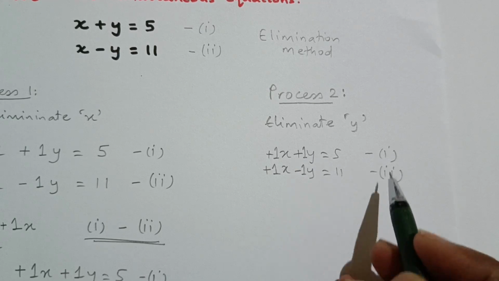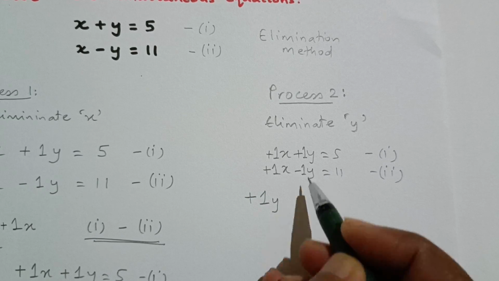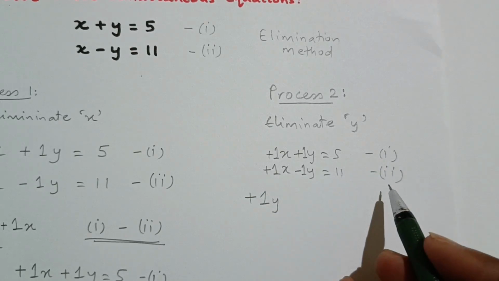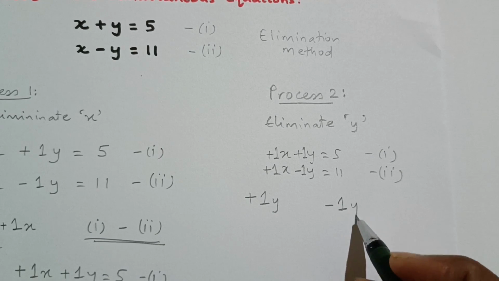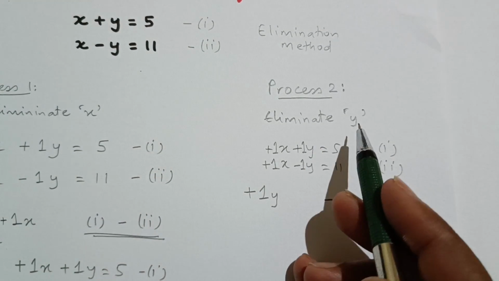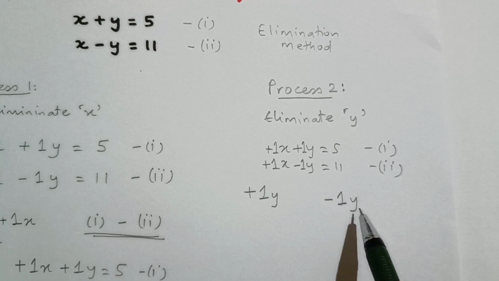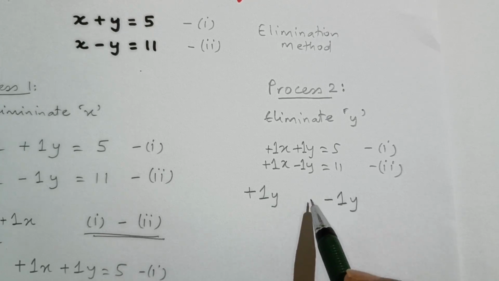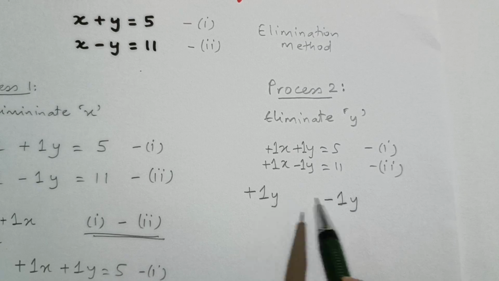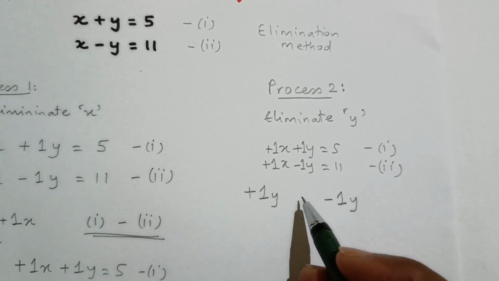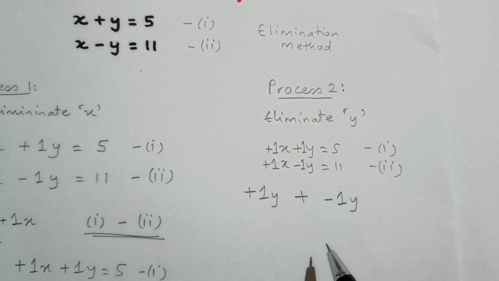Okay. Now let me write down the y's of both the equations. So plus 1y, this is for equation number 1, and equation number 2 is minus 1y. And I want to eliminate y. So plus 1y and minus 1y. Which operation should I do so that we can eliminate the y? If I do addition, I can eliminate the y.